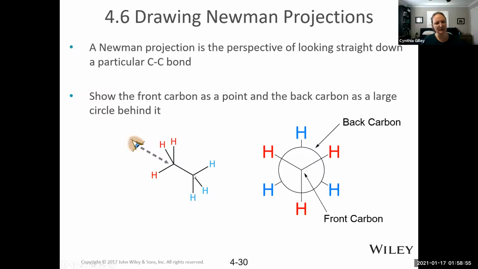As they look down this bond, there are groups attached to the back carbon. For example, this hydrogen that's pointed straight up is going to be the one that's directly opposite the hydrogen that was pointing straight down on the front carbon. And then we have these two, which would be on a dash or a wedge, which they haven't really shown. And that's just because it doesn't matter, because they're both hydrogen.